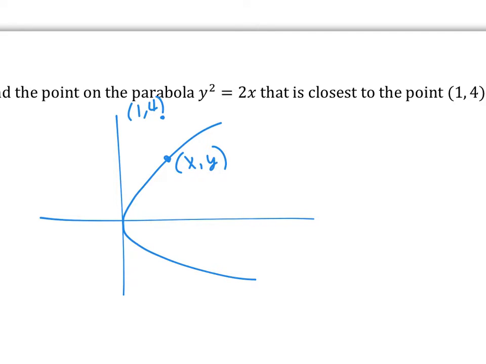Can you think of a way to figure out a distance between 2 points? Not same slope.